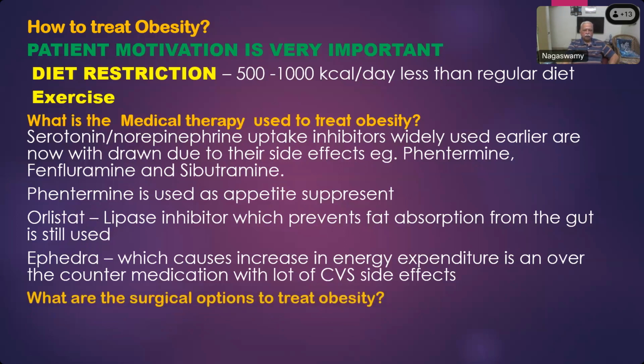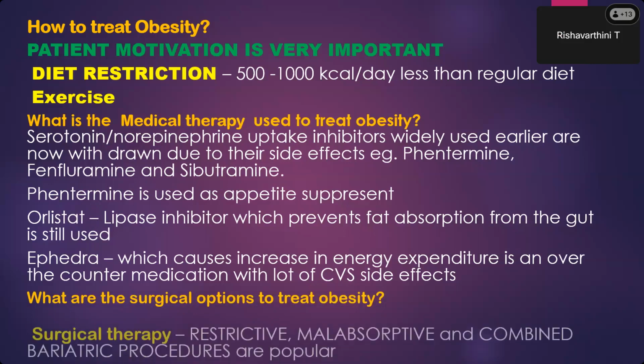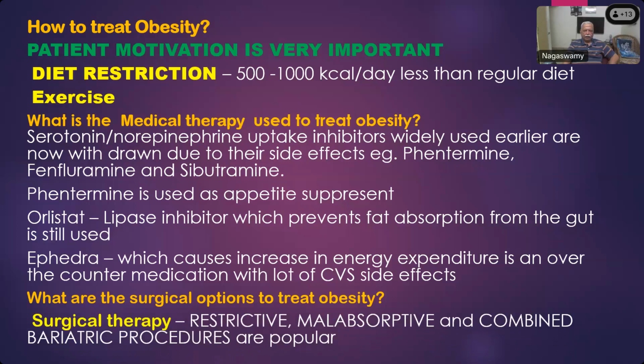Now, what are the surgical options as a treatment for obesity? There can be restrictive patterns, like sleeve gastrectomy, and malabsorption surgery. So they are called bariatric procedures, mainly to treat obesity, and also in patients who are very resistant to anti-diabetic treatment because of obesity.